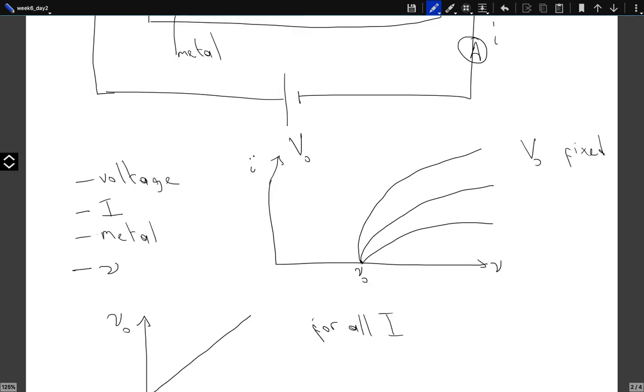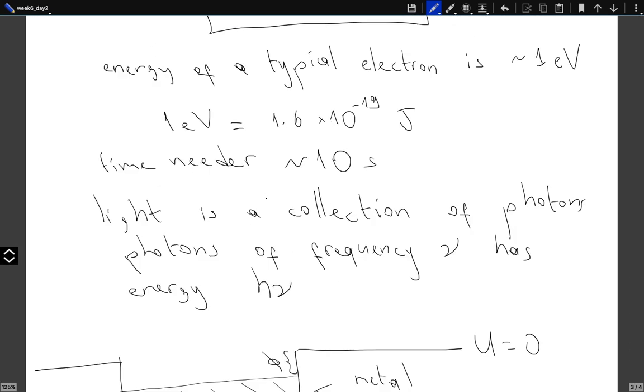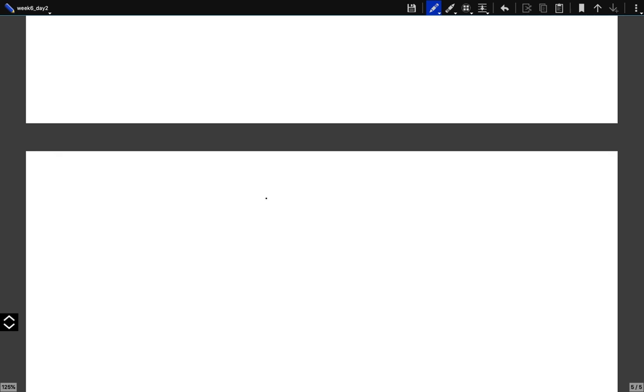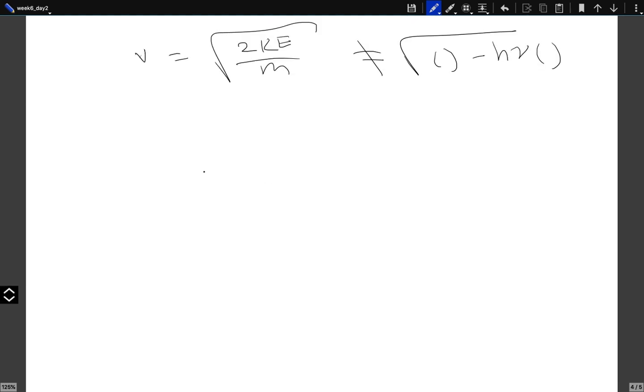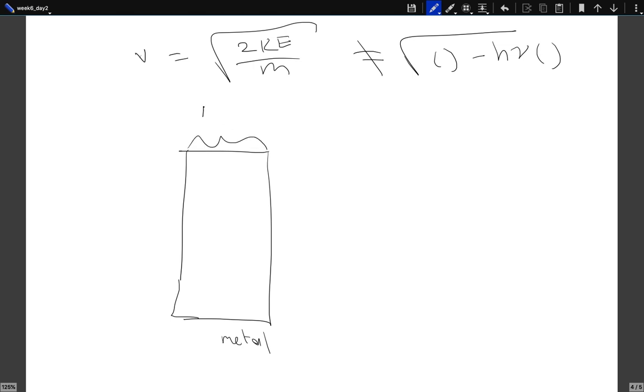Well, let's see. This is your metal. Let's say it has a thickness of 1 kilometer. And you send light.